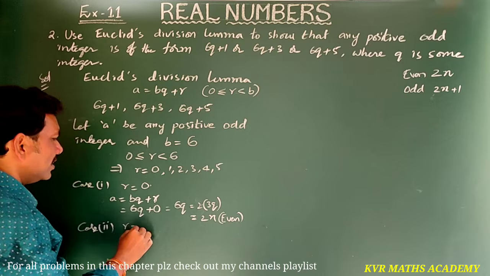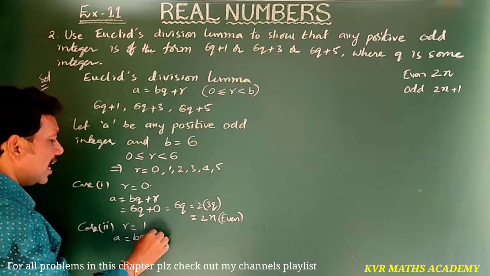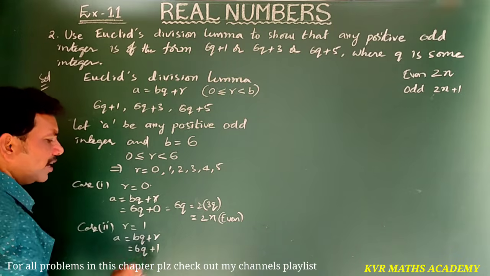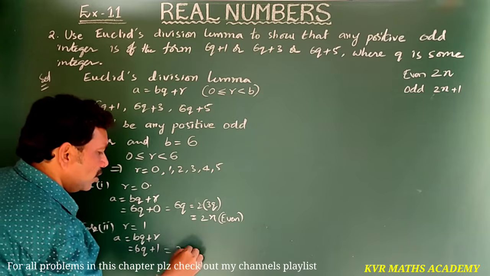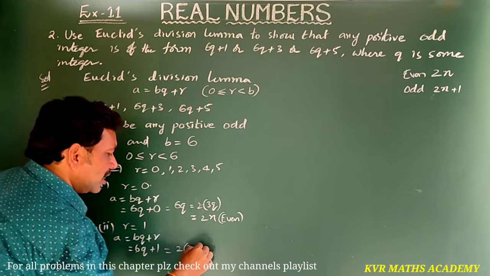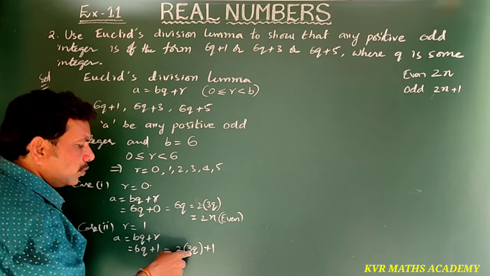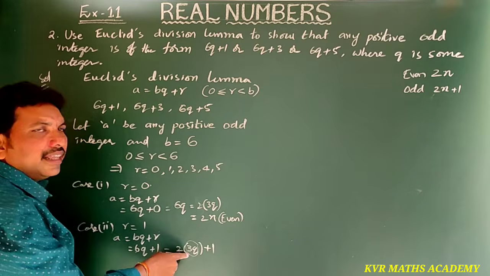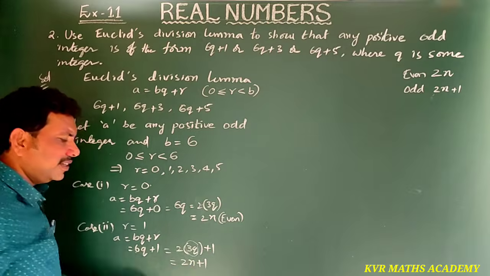Let us take r is equal to 1. a is equal to bq plus r, so that is equal to 6q plus 1. This also can be written as 2 into 3q plus 1, right? Here in the place of 3q, let us take any integer n, that is equal to 2n plus 1.